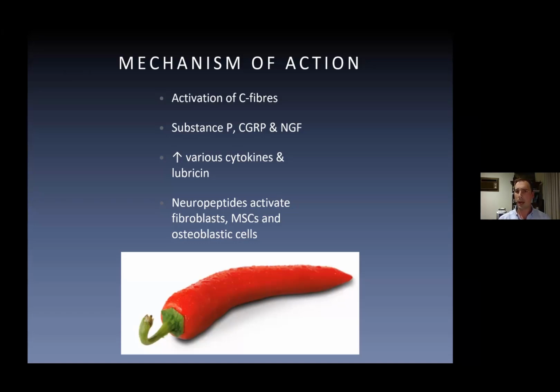It can have pain relieving effects and also improve movement. These neuropeptides are biologically active. They can activate stem cells, such as mesenchymal stem cells, fibroblasts, and osteoblast cells as well.